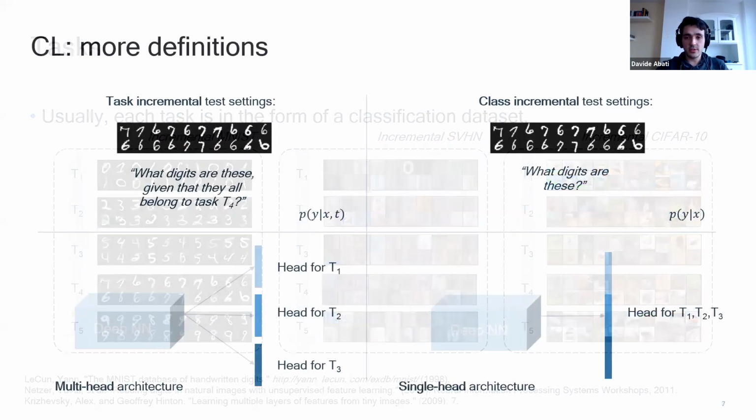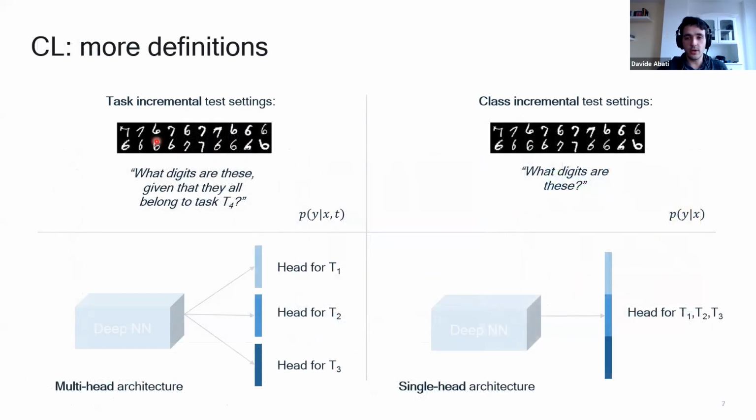I need some more definitions before delving into related works. The first distinction is an experimental protocol distinction, and it's about task incremental settings versus class incremental settings. In task incremental settings, this is a test distinction, during test I will ask what class these examples are, given that they belong to a specific task.